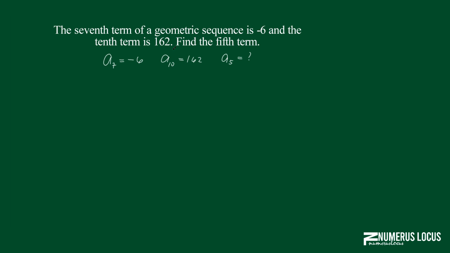Since we are dealing with a geometric sequence, we can recall that the formula is a sub n equals a sub 1 times the ratio raised to n minus 1.